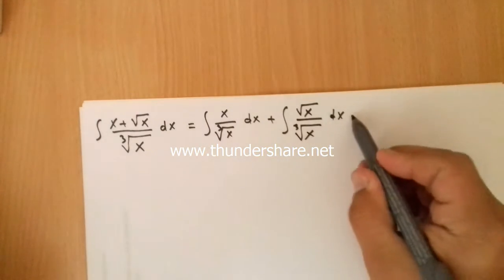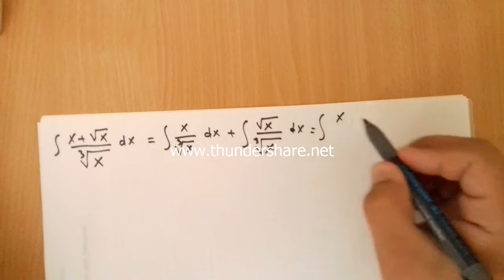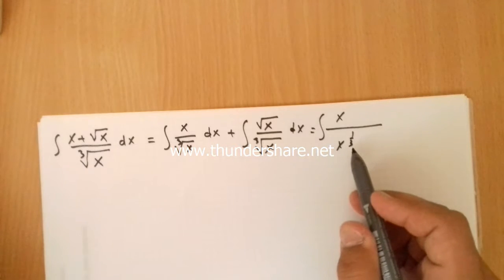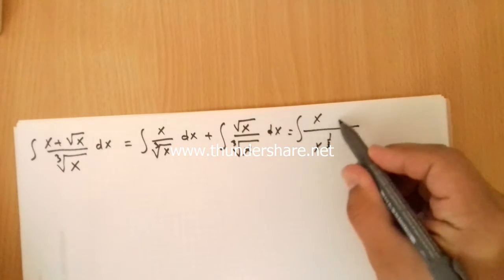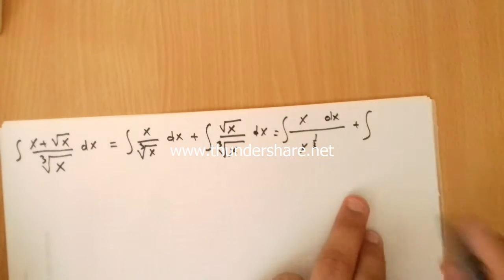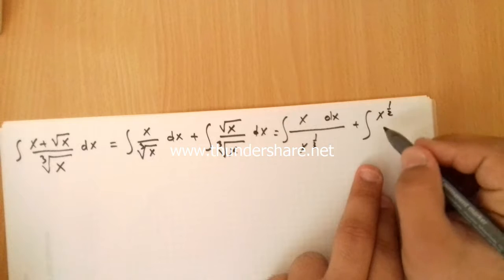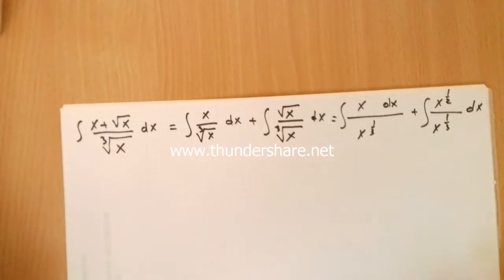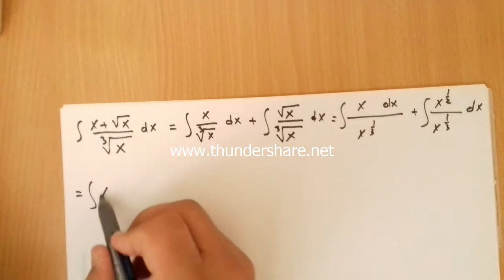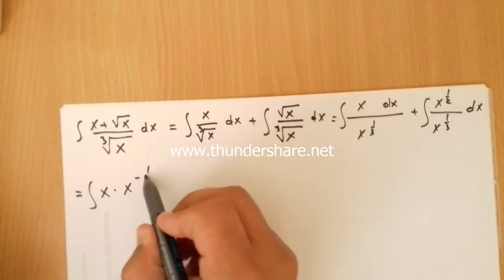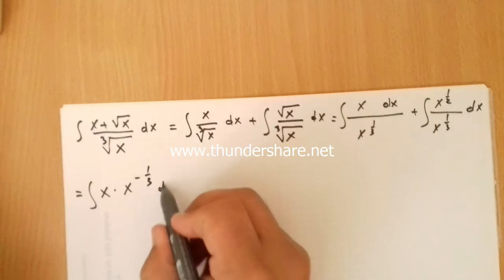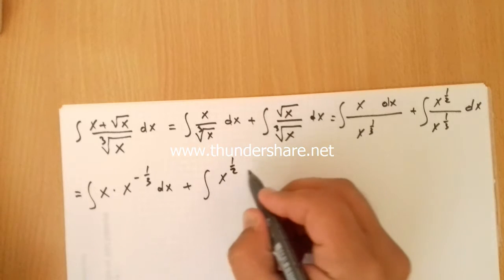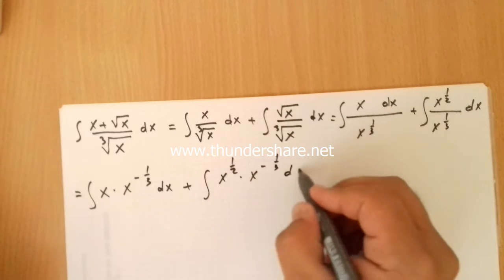And now we can write x times x to the power 1 over 3, and x to the power 1 over 2 divided by x to the 1 over 3, which is equal to x times x to the power minus 1 over 3 dx, plus the integral of x to the 1 over 2 times x to the minus 1 over 3 dx.